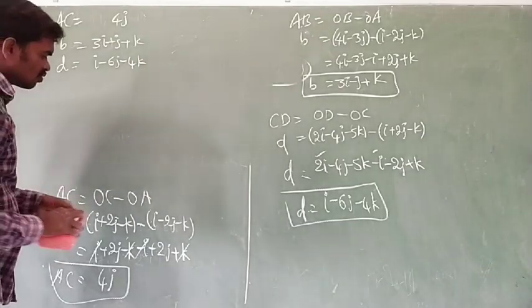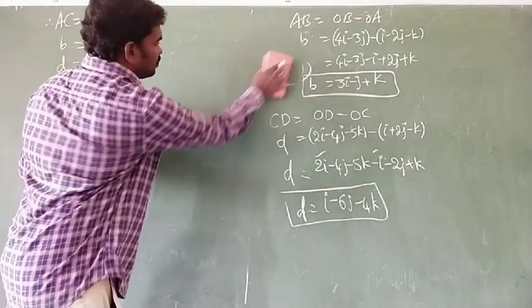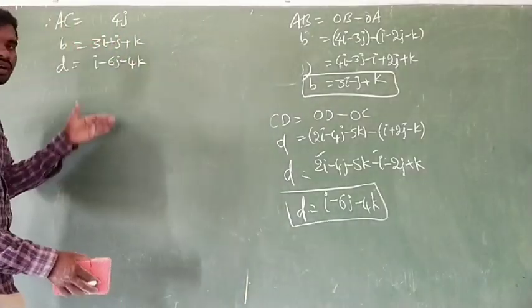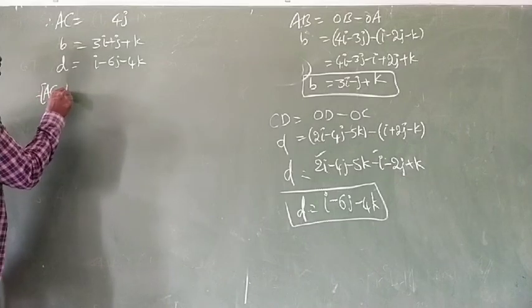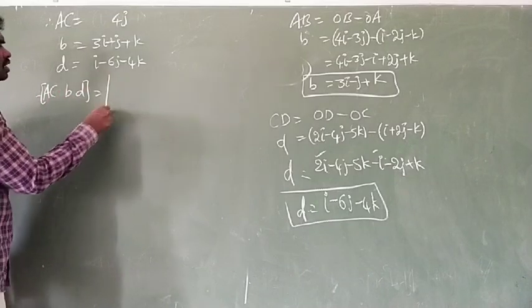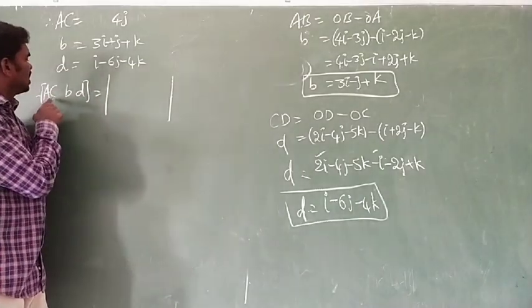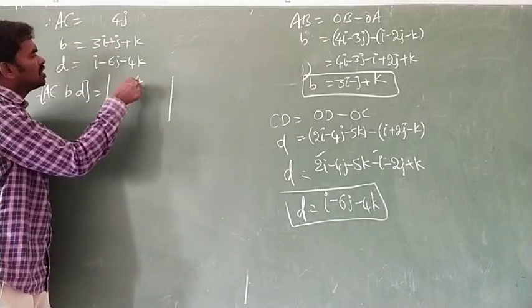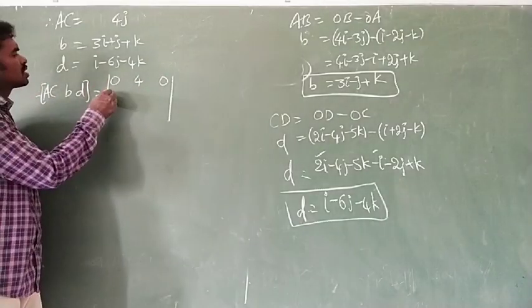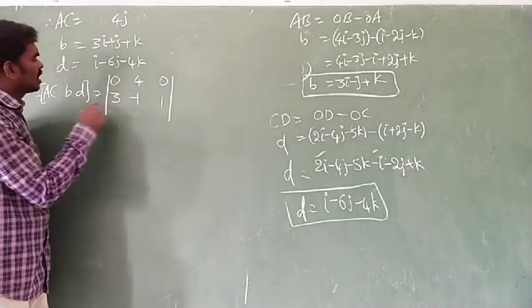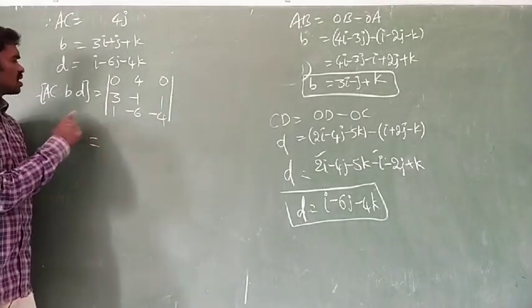One by one I am going to find. Therefore the box product [AC, b, d] is: AC terms, only the j term is 4, the i and k terms are 0, 0. Next b terms 3, -1, 1. d terms 1, -6, -4. Simplify, you will get the box product.